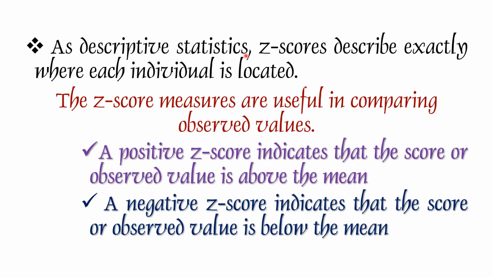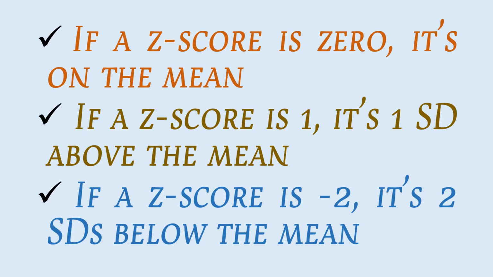For descriptive statistics, z-scores describe exactly where each individual score is located. The z-score measures are useful in comparing observed values when it talks about research. A positive z-score indicates that the score or observed value is above the mean, and a negative z-score indicates that the score is below the mean.